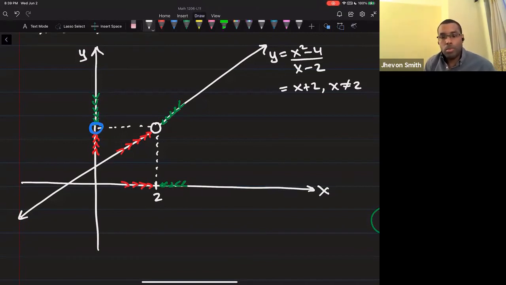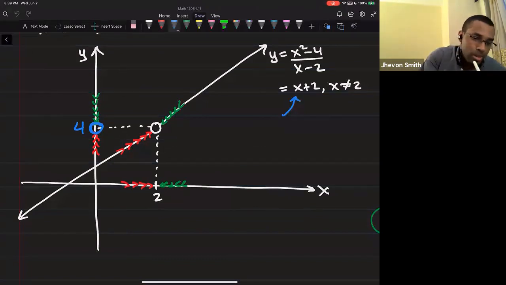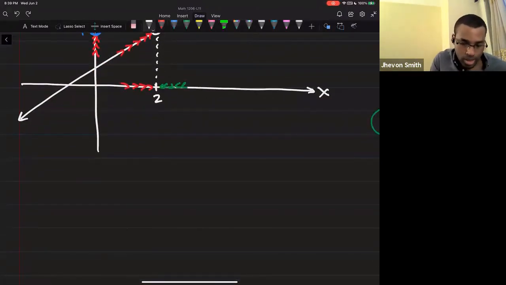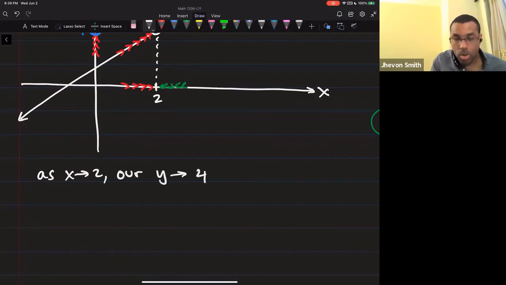Is it 4? It would seem to get closer to 4, right? If I could have been at 2, that would have been a 4, because I would just plug in the 2 here like I did last time, right? So here, as x gets close to 2, our y gets close to 4.